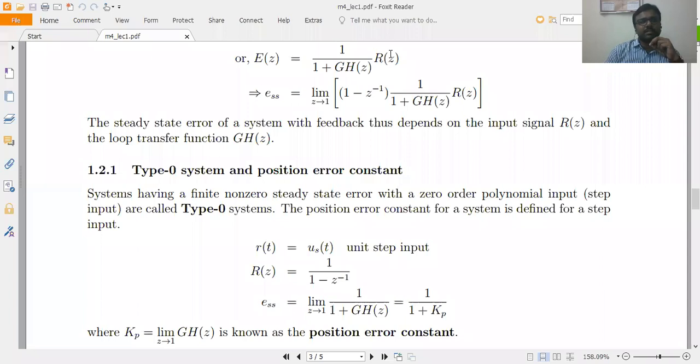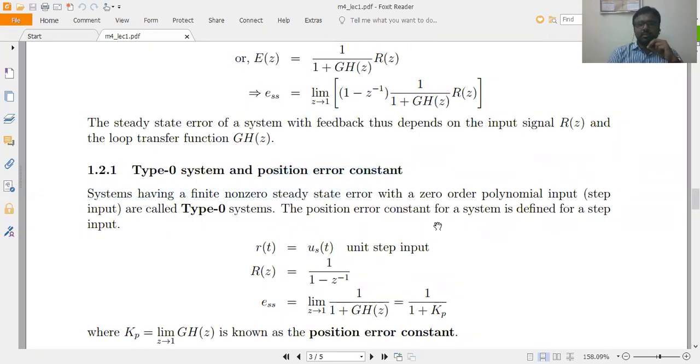As per the definition, the systems having a finite non-zero steady state error with a zero order polynomial input are called type 0 systems. That means the systems which take the step function as an input are called type 0 systems.